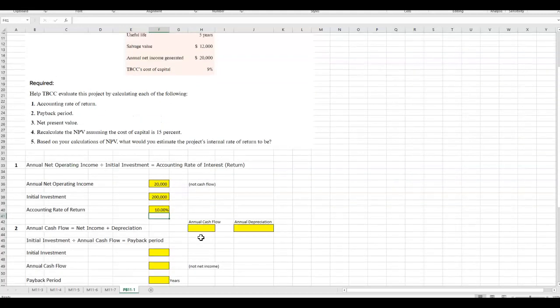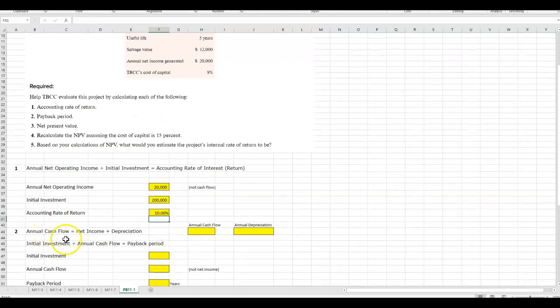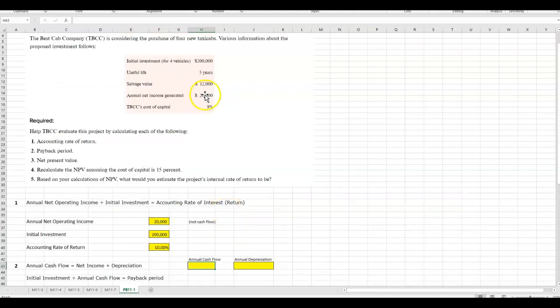Well, first we have to calculate the annual cash flow, since the payback period is the initial investment divided by annual cash flow. Our annual cash flow is the net income plus depreciation, but you're going to have to calculate your depreciation.